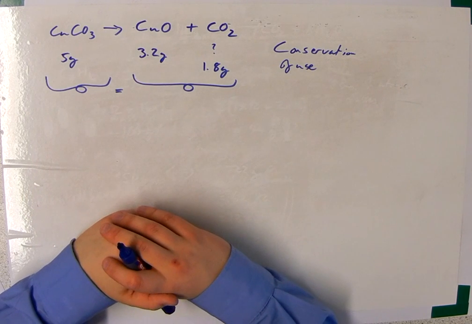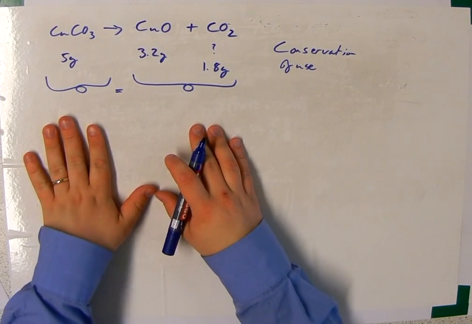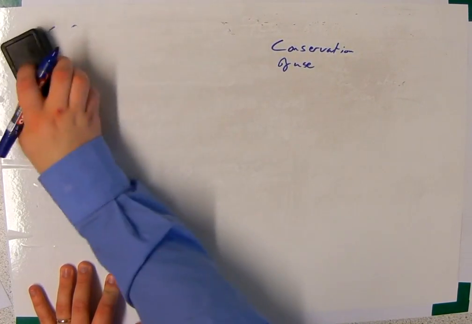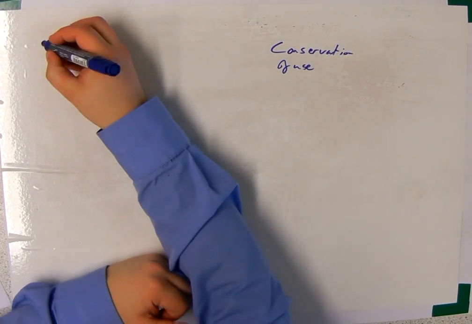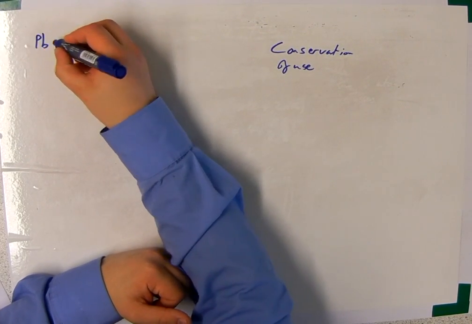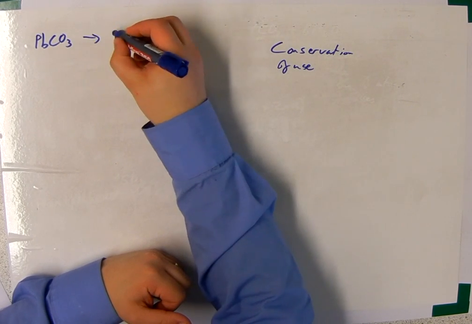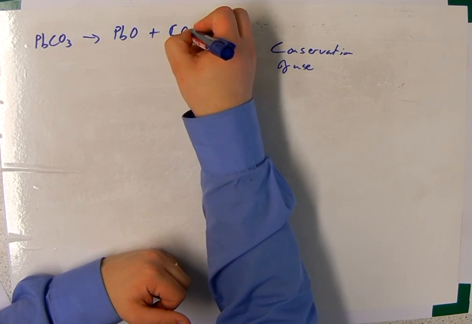The other thing we could do is, instead of knowing how much we'd made, we could work it out. So, let's say we had lead carbonate, which is going to give us lead oxide and carbon dioxide.